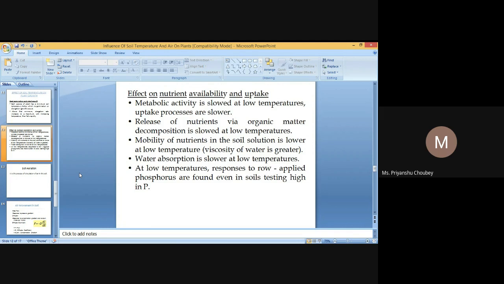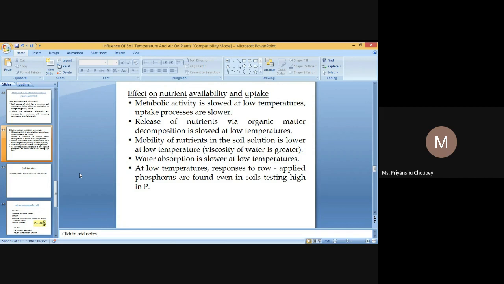So, 17 essential nutrients have been recognized for plant growth. These are carbon, hydrogen, oxygen, nitrogen, phosphorus, potassium, calcium, magnesium, sulfur, iron, manganese, zinc, copper, boron, molybdenum, chlorine, and nickel.